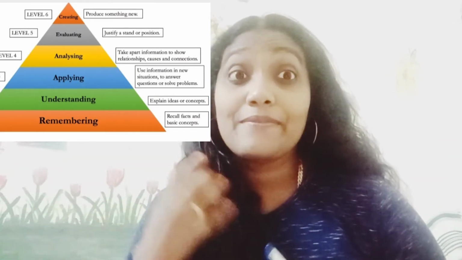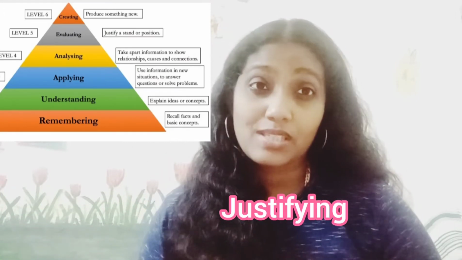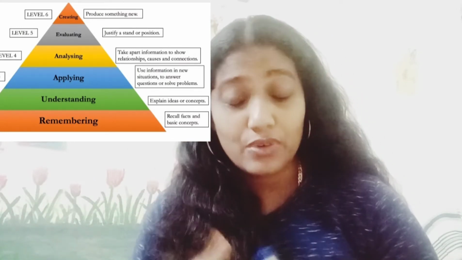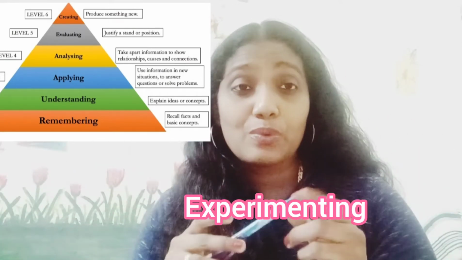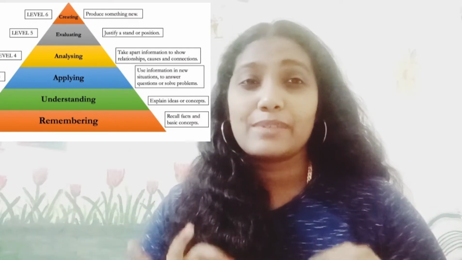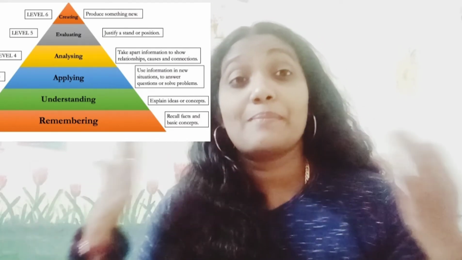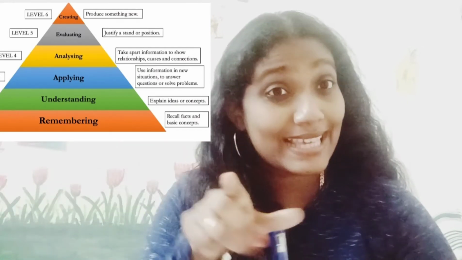Next part is evaluate. Evaluate is nothing but justifying your decisions, or by experimenting or something. For example, I justify. So I tell you, this is the reason behind it. Probably not for a pen, but for maybe some experiments that you conduct, and then you justify, okay, this is the reason, this is in this way.